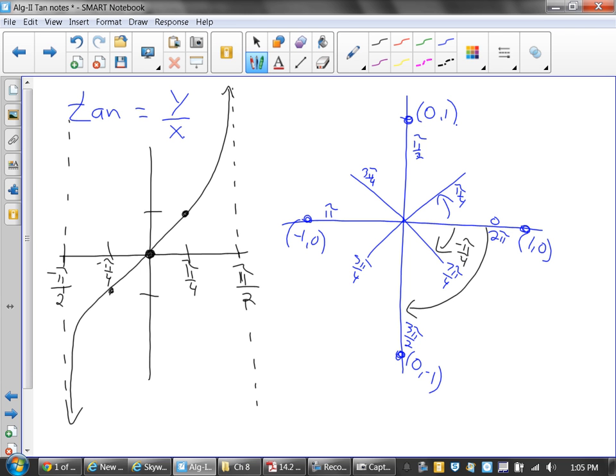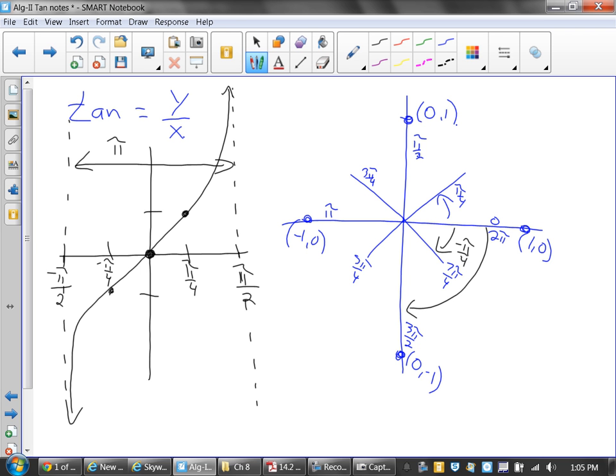Now, this happens every pi within the graph. If you notice, the distance between negative pi over 2 and pi over 2 is how much? What's the period then? Pi. Tangent's period is different. It has that jump when it gets to pi over 2's.